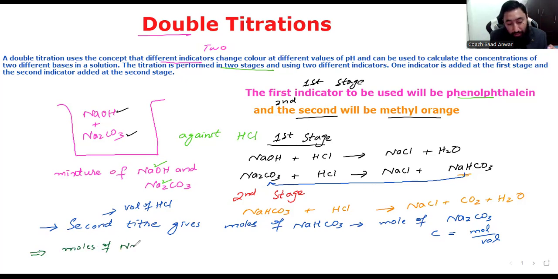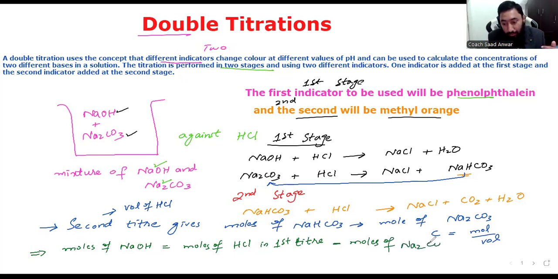The other point which I'm going to mention, very important, note it down: moles of sodium hydroxide is equal to moles of HCl in first titer minus moles of sodium carbonate.